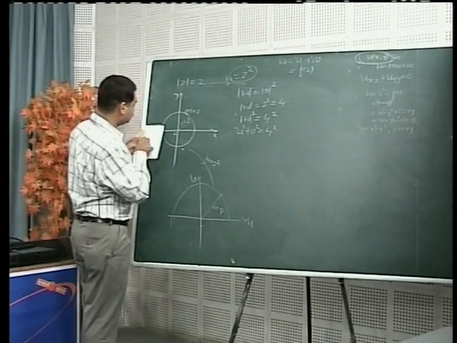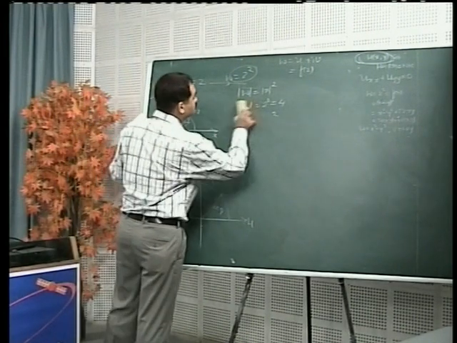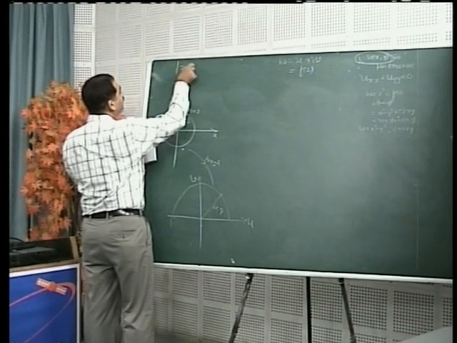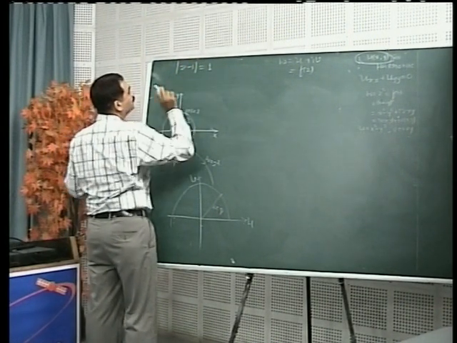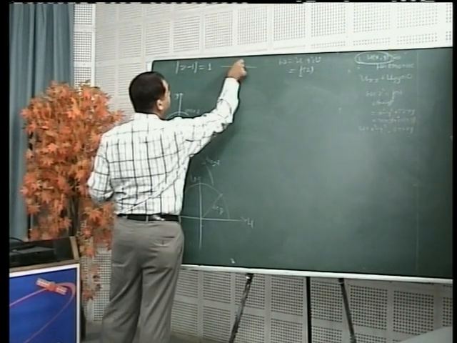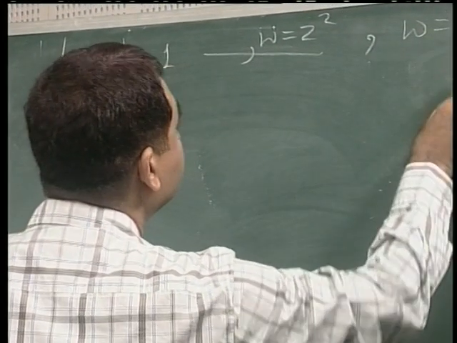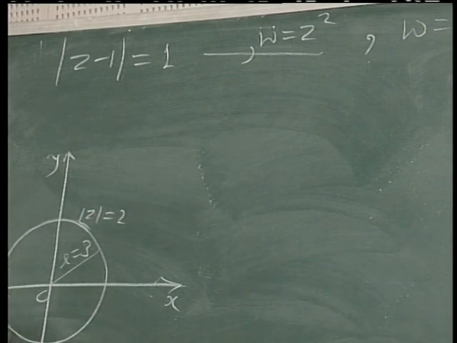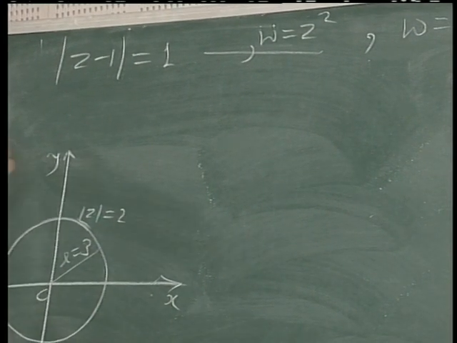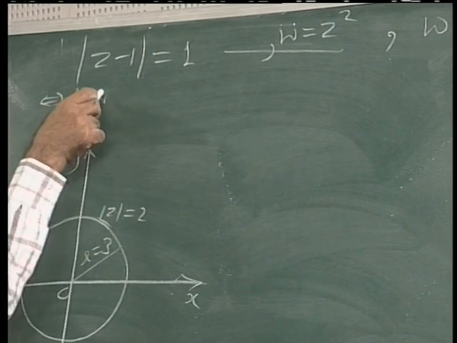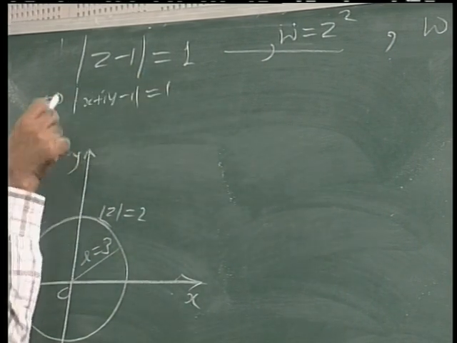Now let's move to the same slide. Our circle is mod z minus 1 equals 1, and we need to find its image under the mapping W equal to z square. Okay, W equals u plus iv. Mod z minus 1 is what? So let us simplify it. x plus iy minus 1 equals 1.